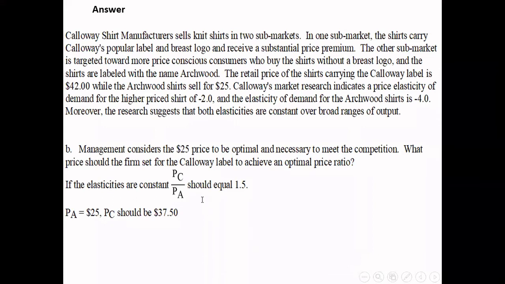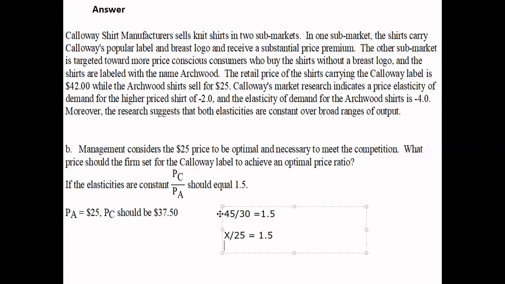As we substituted previously, 45 divided by 30 gives me 1.5. Now I need to find the price here, which is the unknown, 25, divided by the given price, and find how much that price must be to give me the optimal level. If I multiply 25 times 1.5, it will give me 37.5.